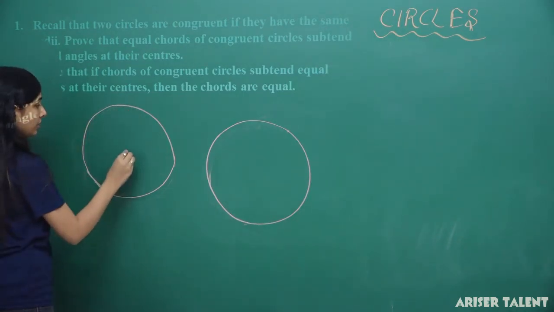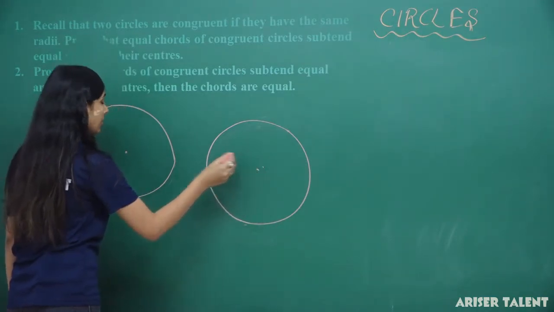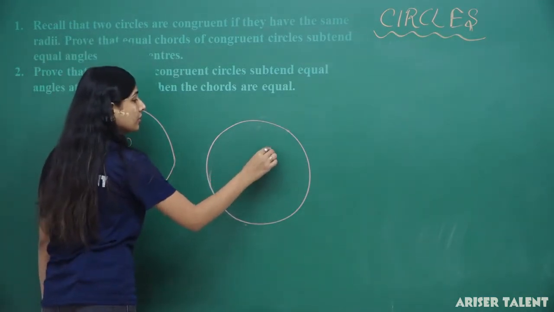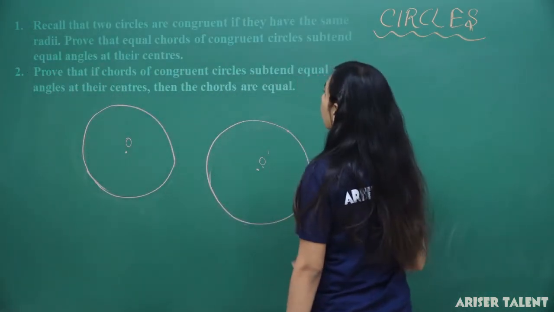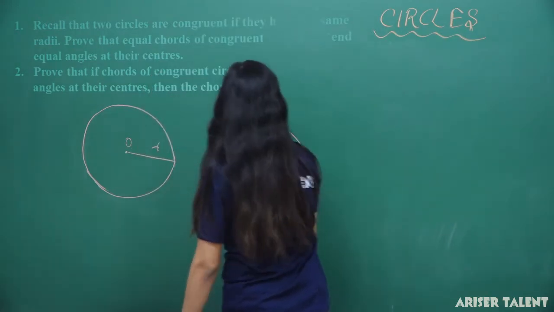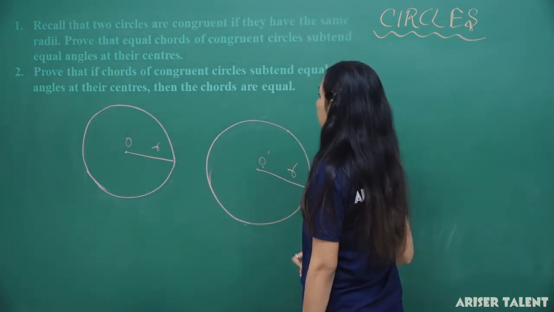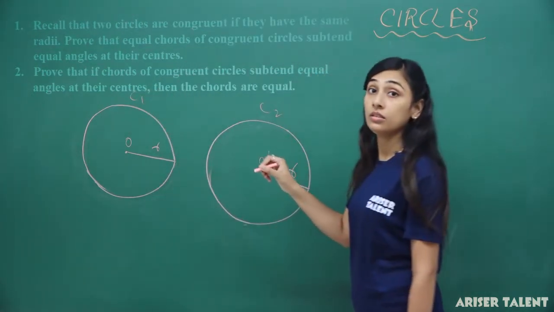Okay, these two circles. Now the centers, let's suppose O and O dash. Okay, it's saying the chords of congruent circles, these are congruent circles, that means this is R and this is R. So the radius will be the same for both the cases, the C1 circle and the C2 circle.